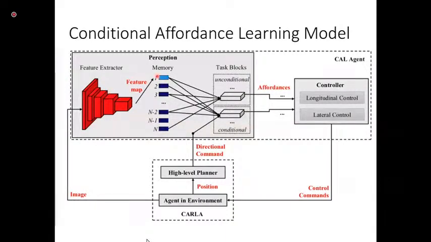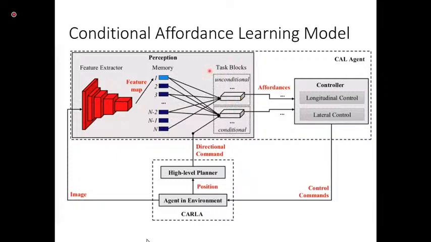Then there is the memory network. So the memory network takes in the last, like in here it is given capital N many frames as input. Okay, so it takes the last N many frames as input, and then it passes them through some kind of a recurrent neural network, and then feeds them to these task blocks.